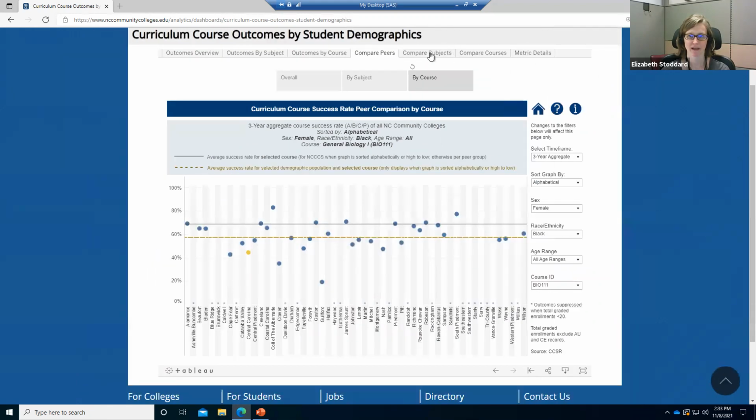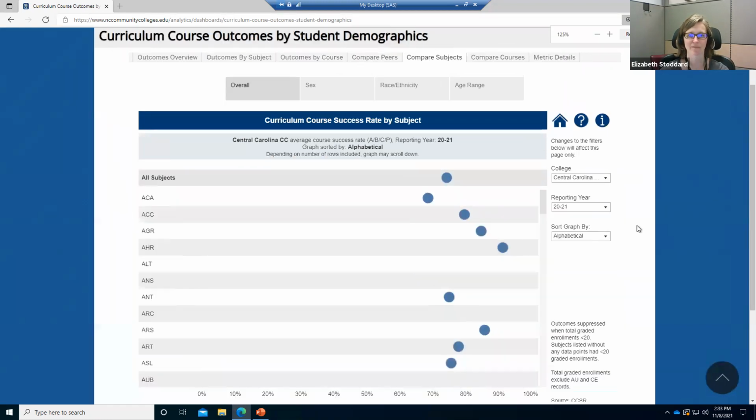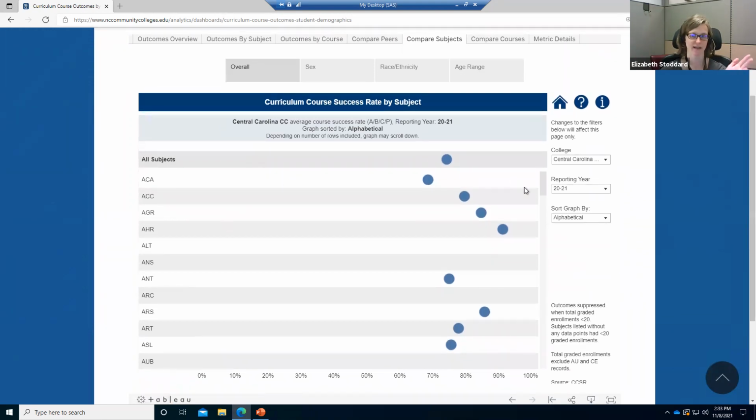So there's just a couple more pages here that I want to show you before we go into the hands-on stuff. These next two pages are going to be pretty similar. This one is a compare subjects view. What we're looking at here is a list of all of the subjects that were offered at Central Carolina in the 2021 reporting year.